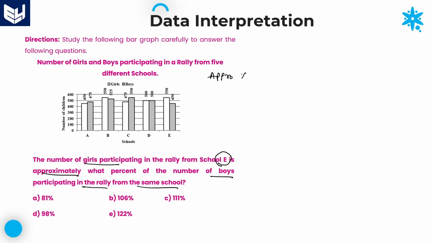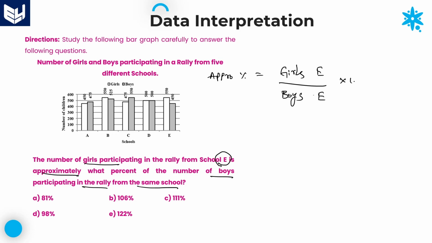Girls from school E, this particular value, is what percent of boys from the same school? In the denominator, you need to write boys from the same school, which is E.